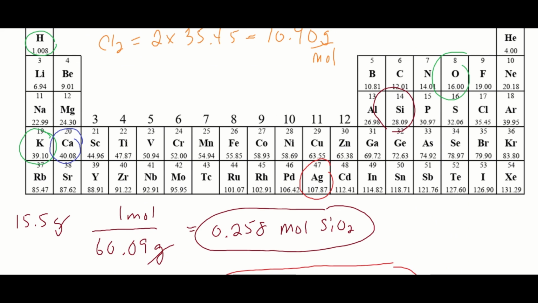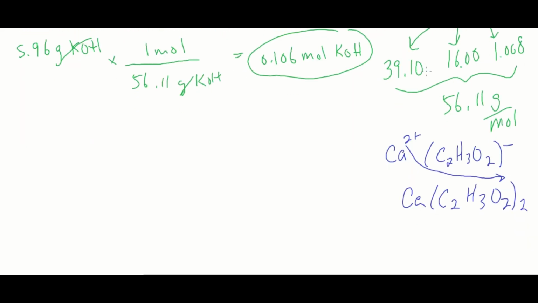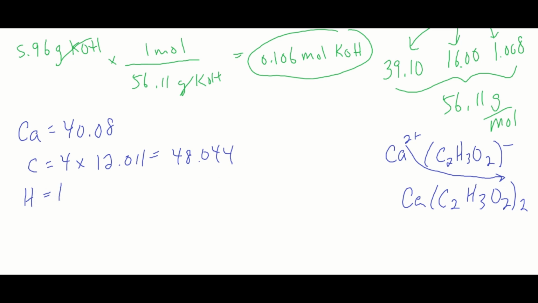All right, calcium is 40.08. There's 4 carbons, each with a mass of 12.011. There's 6 hydrogens, each with a mass of 1.008.